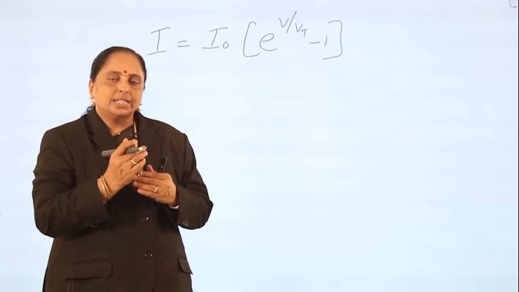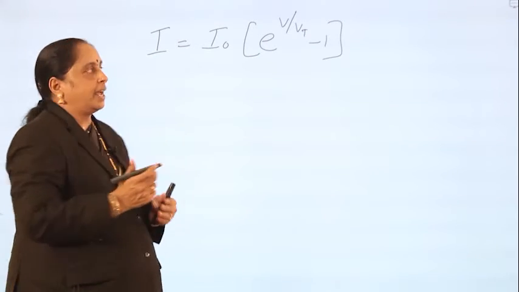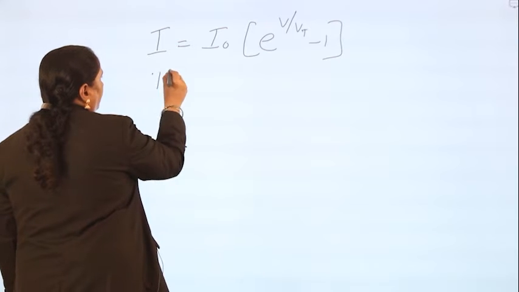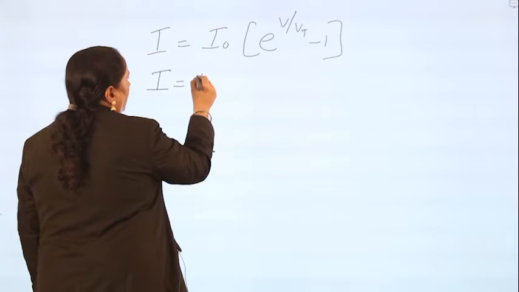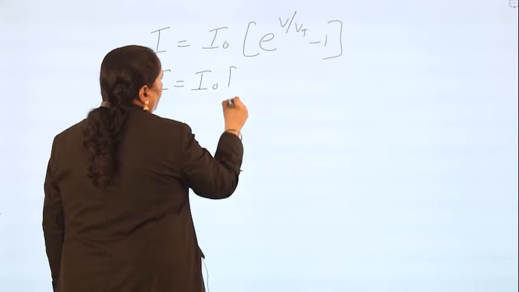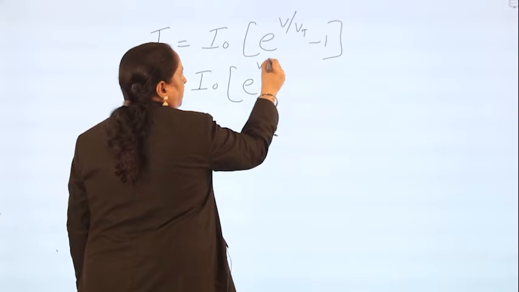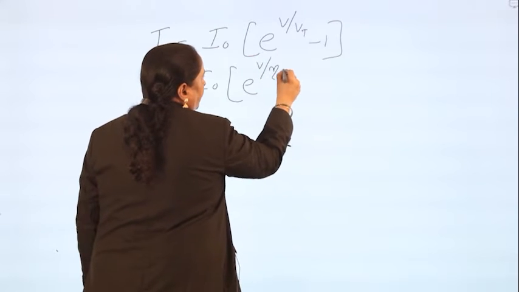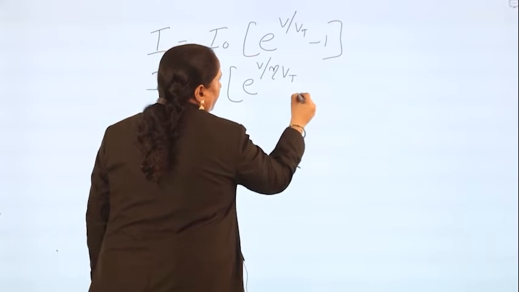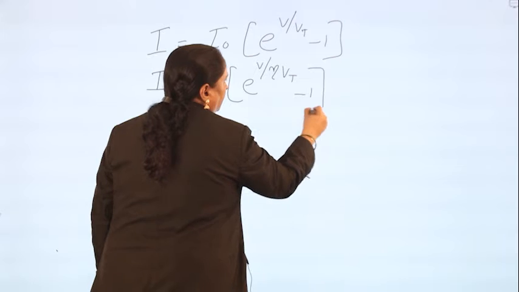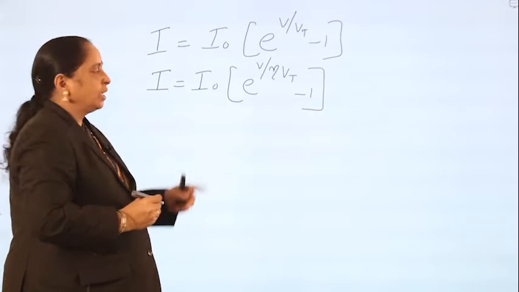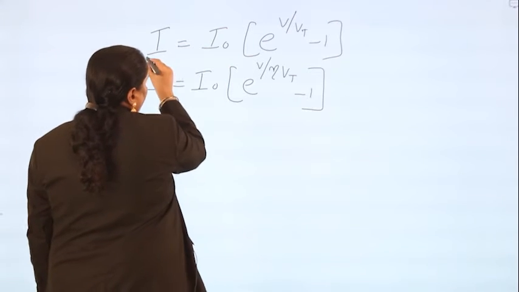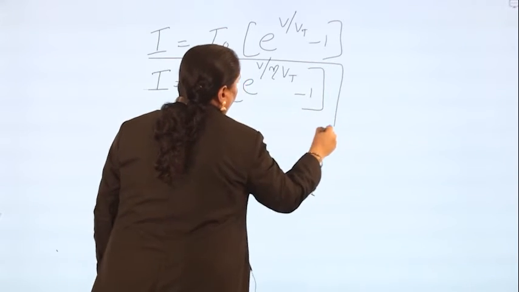That's why we can slightly change this expression as I is equal to I naught into e to the power of V by eta Vt minus 1. So this is the original expression for the diode current equation.